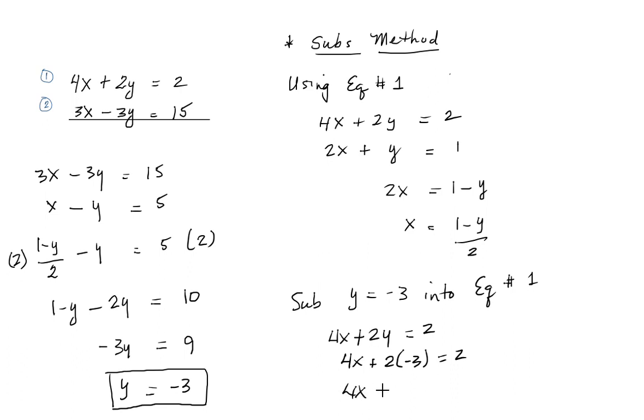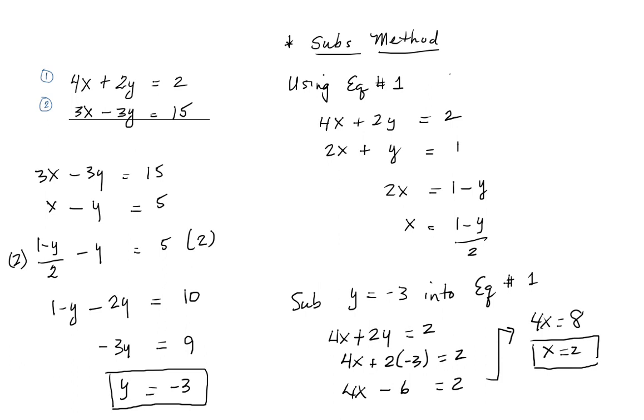Hence 4x minus 6 is equal to 2. And if I take this over here, this is going to be 4x is equal to 8, which is 2 plus 6. And so then x is equal to 2. And so that's the solution set if we did the substitution method.